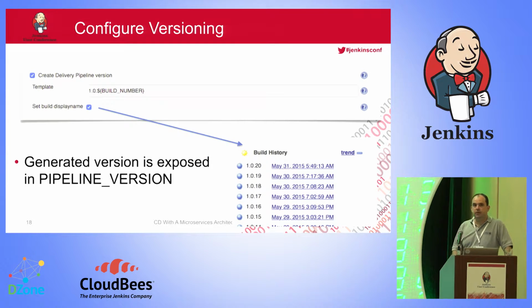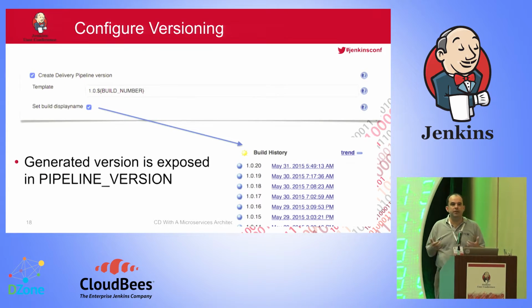One of the things that I really had to come to grips with when I wanted to do continuous delivery was how to version the artifacts that you're creating. I have a background in the Maven Java world.